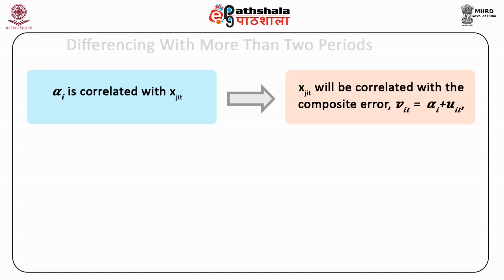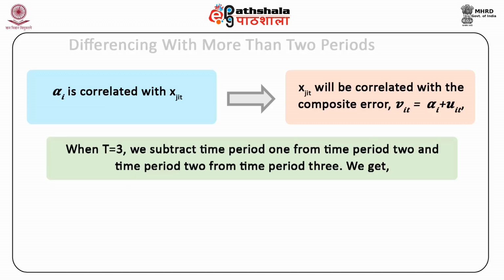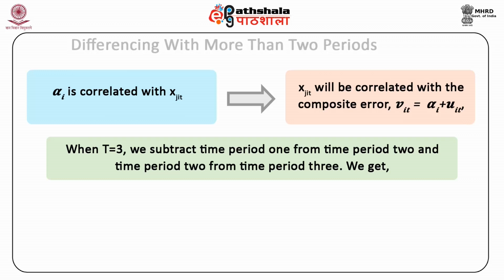In this case, we can eliminate alpha i by differencing adjacent periods. In case when T is equal to 3, we subtract time period 1 from time period 2 and time period 2 from time period 3.